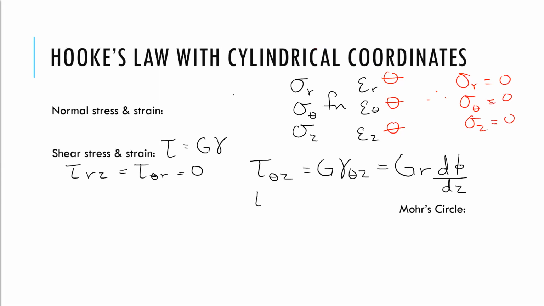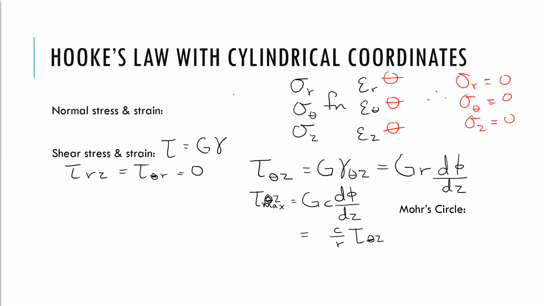And if we want the maximum value of gamma theta z, we're going to say c d phi dz, or c over r times tau theta Z. So if you know the shear stress at some location on the cross section, you can get the maximum by amplifying it. Oh, you know what? I don't think we need that G there. You can get the maximum by amplifying it by C over R.